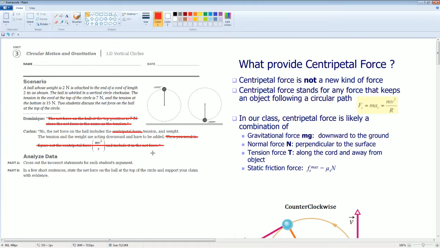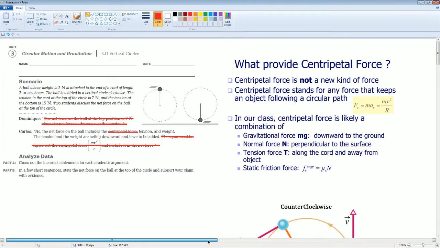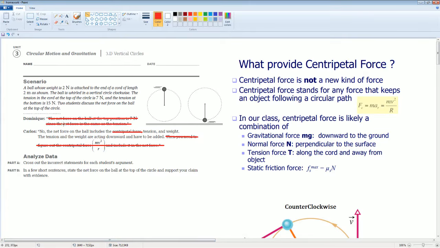So the mistakes Dominic and Carlos made come from not understanding these notes. These notes should explain how I got these answers. First of all, centripetal force is not a new force. Centripetal force stands for any force that keeps an object following a circular path. Think of it as just F net, the summation of all the forces.